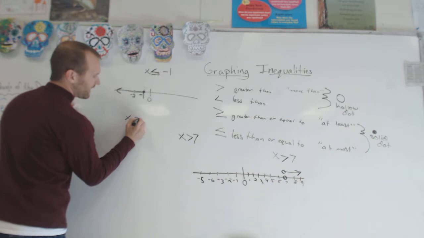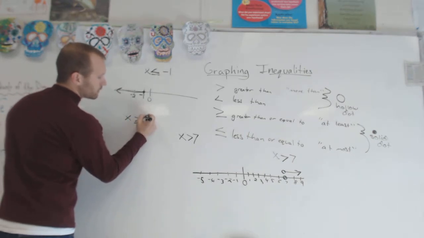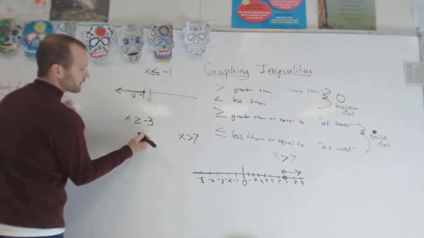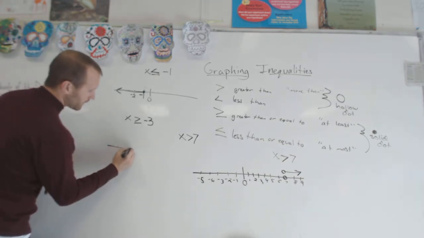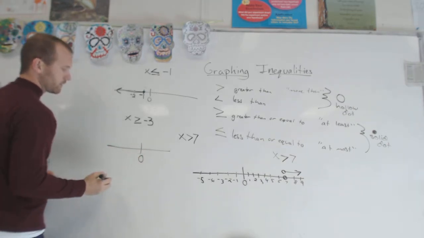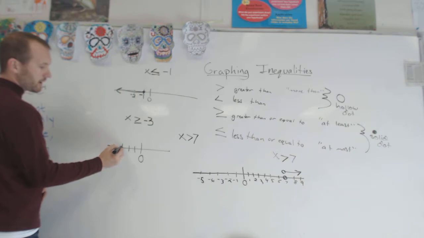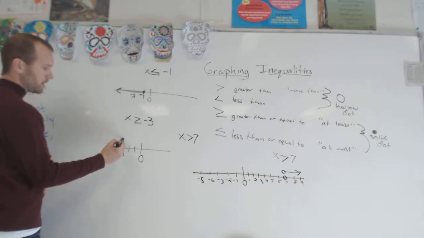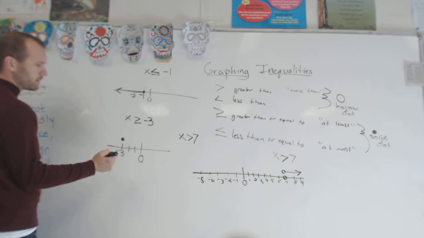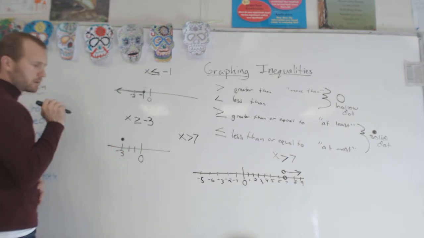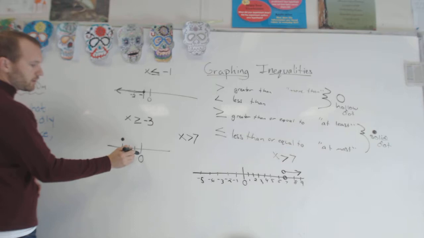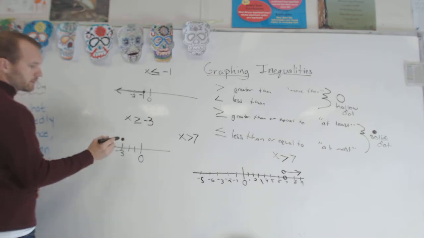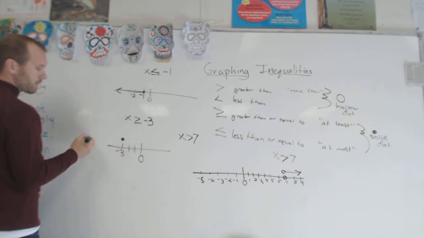X is greater than or equal to -3. What am I going to do? So here's 0. I want to find -3. What kind of a dot am I going to put? Solid. Which way am I going to point my arrow? This way, to your right. Is it going to go towards 0 or away from 0?